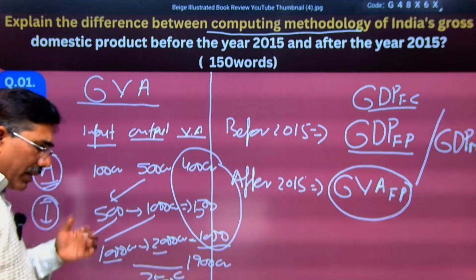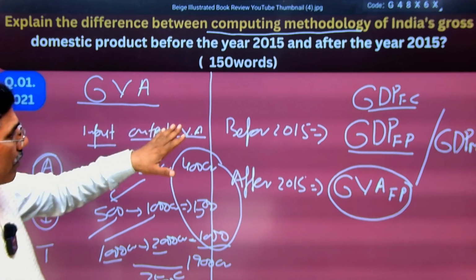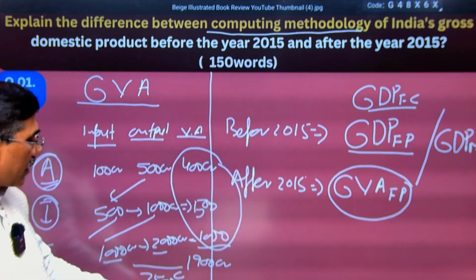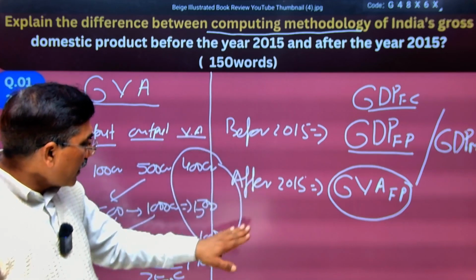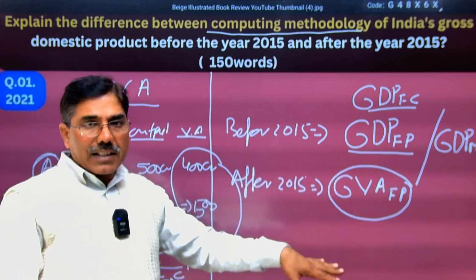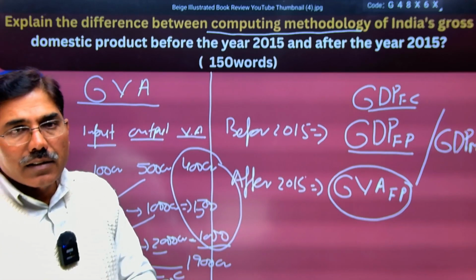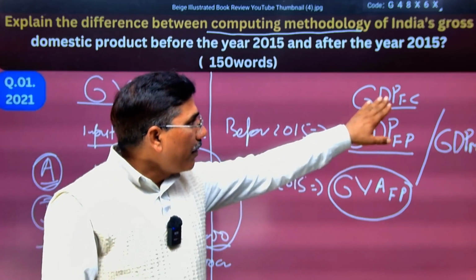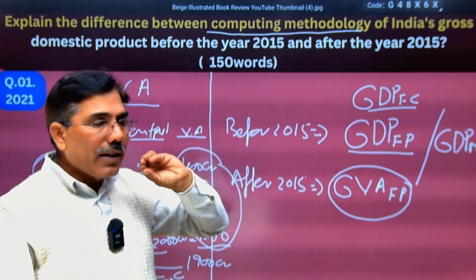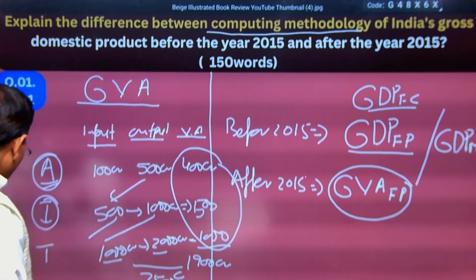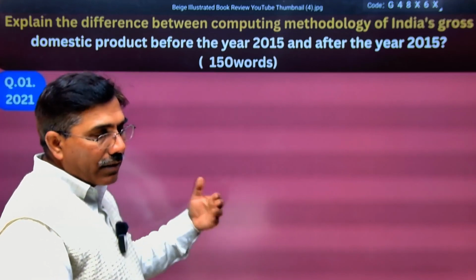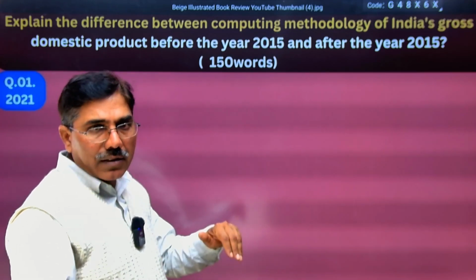3500 crore. It means our GDP on the basis of the method before 2015 was 3500 crore. After 2015 it is only 1900 crore. This GVA gives the exact picture rather than GDP at factor cost or at fixed price. Now you are clear about the difference between the computing methodology of GDP before 2015 and after 2015.